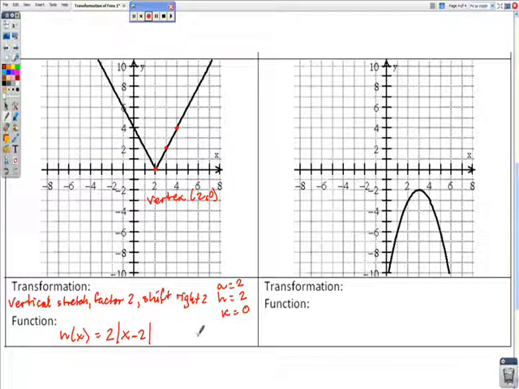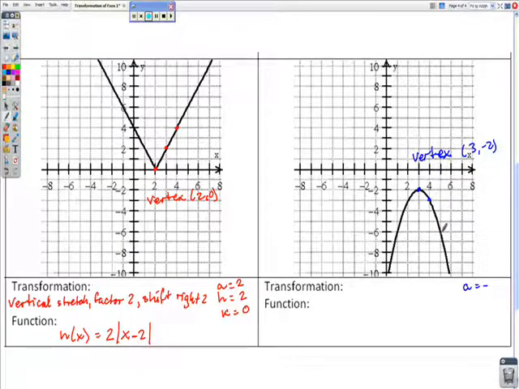Last one, vertex negative 3, negative 2. We're opening down, so we know a is negative. But 1, 1, 2, 1, 2, 3, 4. Looks like a is just negative 1.